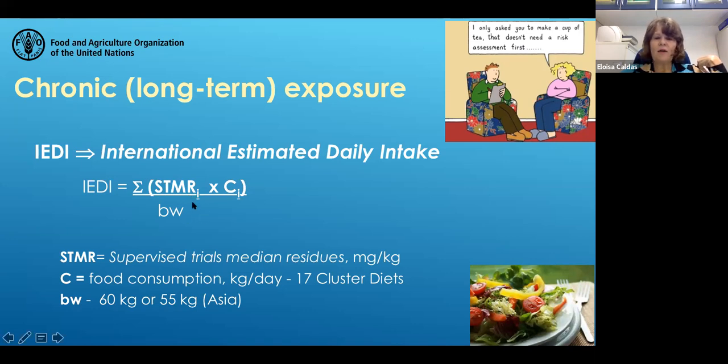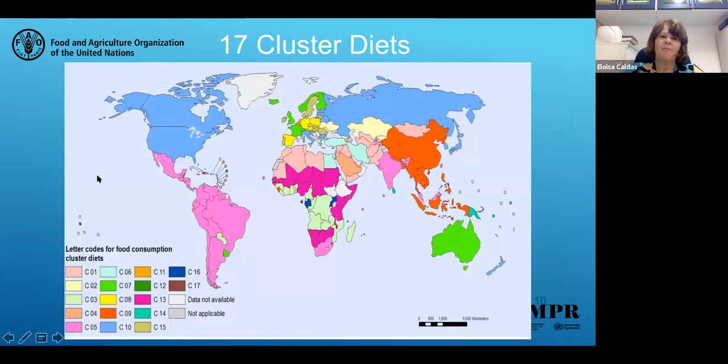So here the STMR we derive from residue trials. You know already how it's derived, but which data do we use for consumption? Many of you know already, we use the 17 cluster diets. Before, when I started, we used the regional diets.